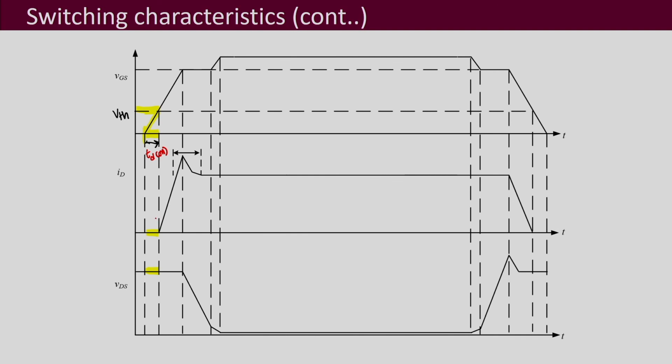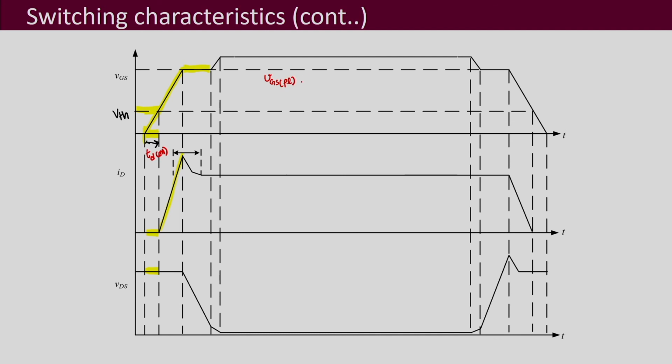Next, what happens is this interval, when the current starts to increase as the gate to source voltage increases above the threshold voltage, and it reaches this point which corresponds to the Miller voltage or the Miller effect. This is given the name VGS PL.